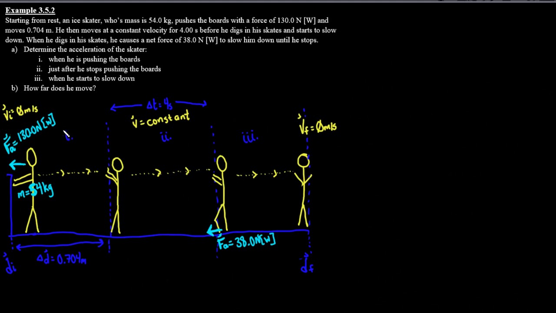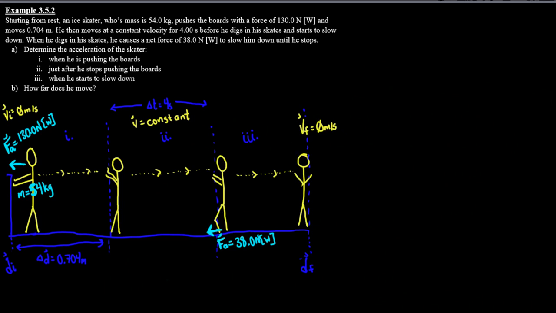So we're going to have to solve for the acceleration here in that first part where we know he starts with an initial velocity of 0 and then moves a certain distance. Then we're going to have to solve what the acceleration is when he's traveling at a constant velocity for his 4 seconds. And then finally, what his acceleration is when he's exerting this force of 38 newtons in the west direction to slow him down until he stops.